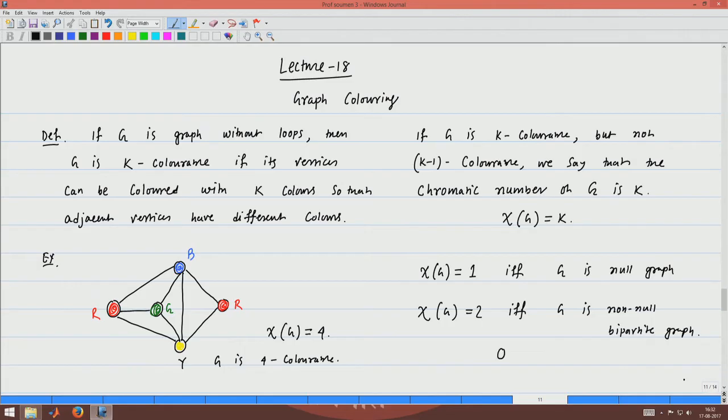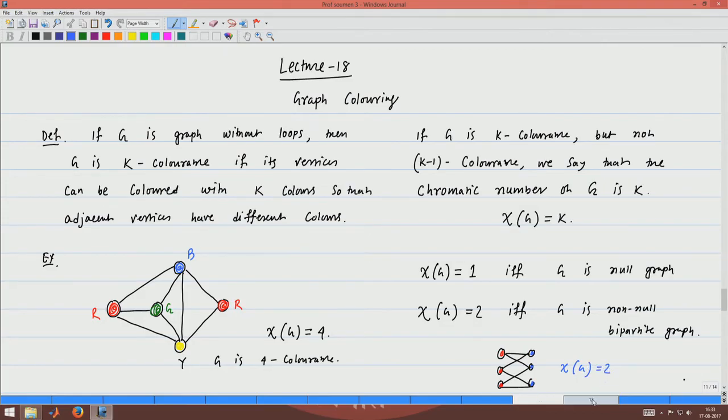Any bipartite graph you take, non-null of course, that means there will be some edges, then obviously the chromatic number of this graph is 2, because you can color one side of this bipartite graph all red and the other side all blue. So, the chromatic number of a bipartite graph is 2.